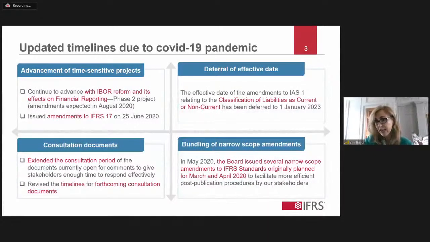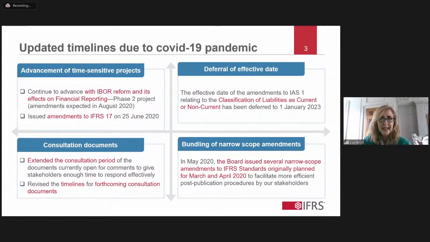We have made some changes, though. In addition to extending consultation periods, we've deferred the effective date of some changes that we recently made to IAS 1 for classifying liabilities as current and non-current, to allow stakeholders more time to focus on those changes.